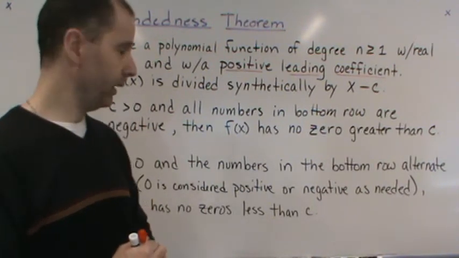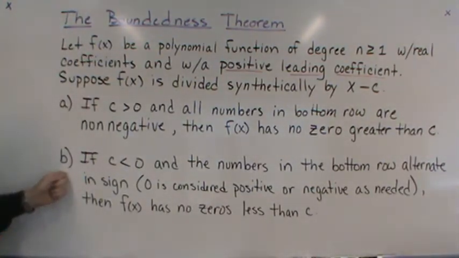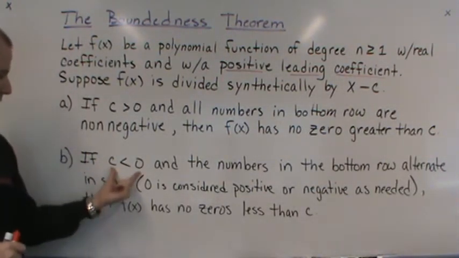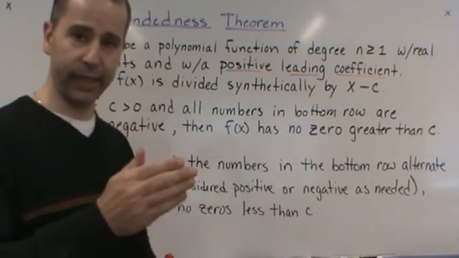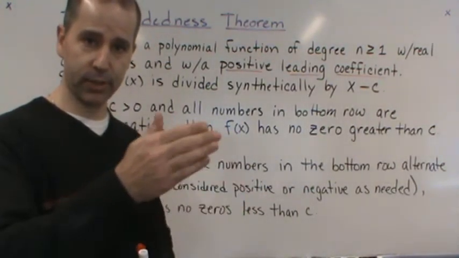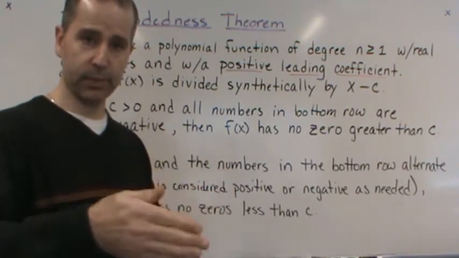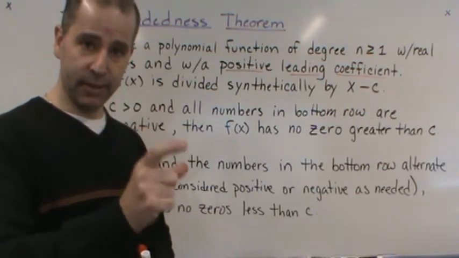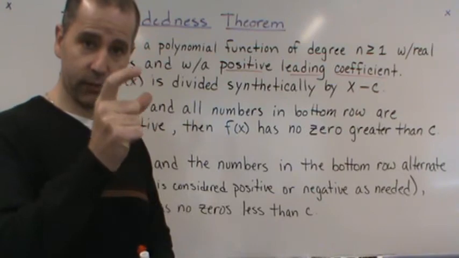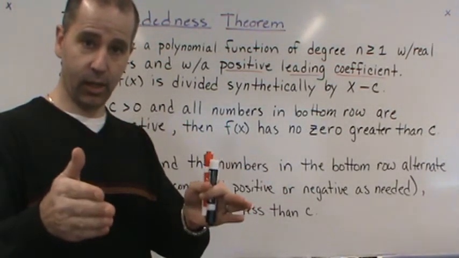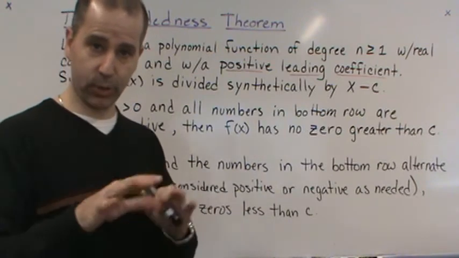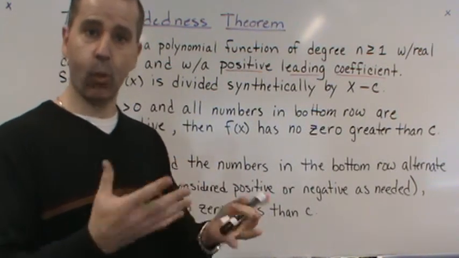Now, B says, what if c is negative? If c is negative and the bottom numbers alternate in sign, so they go plus, minus, or minus, plus, and zeros are considered positive or negative as needed in order to get the alternating signs, so we treat zeros like a wild card.